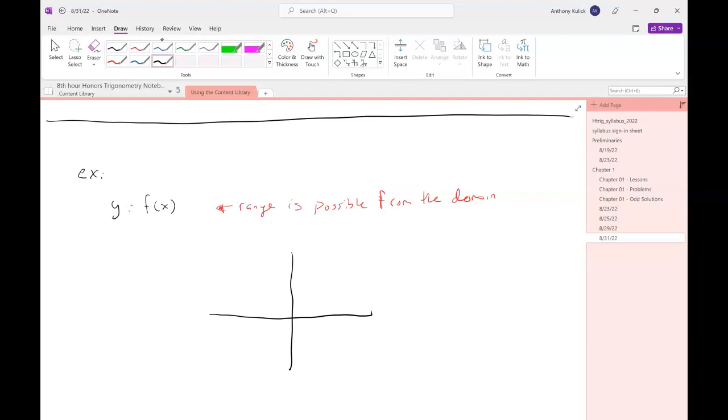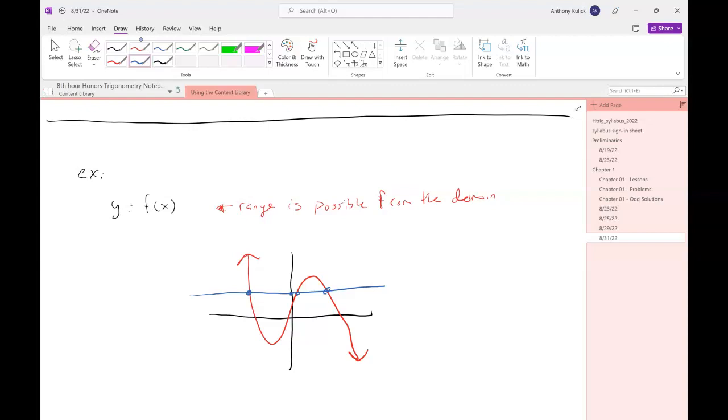What is one-to-one going to look like? Something that's not one-to-one has a repeated y value. So is this one-to-one? No, because, for example, this y value we can see is used more than once.